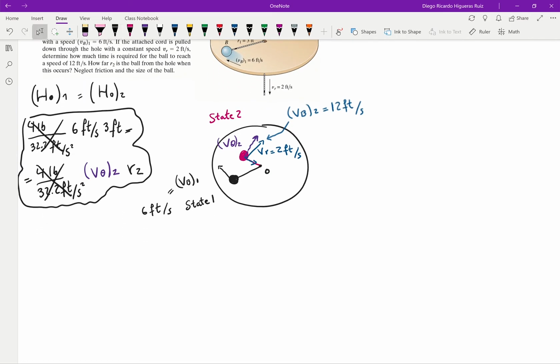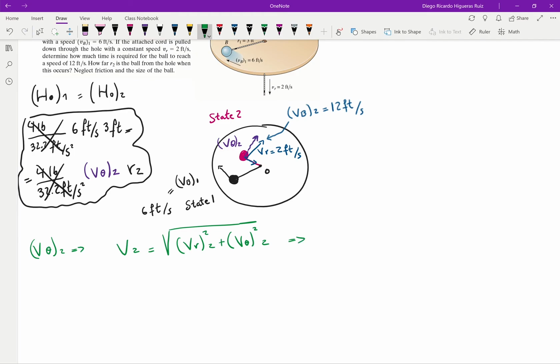Again, I'm going to cancel out the mass because it's just constant. Okay, so I can calculate V theta 2. I can do that because we know that the velocity at state 2 is equal to the square root of VR square plus V theta square.